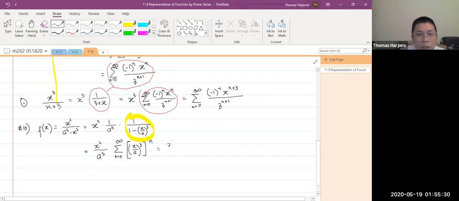Okay, so this is x squared over a cubed, the series from 0 to infinity of x to the 3n over a to the 3n.